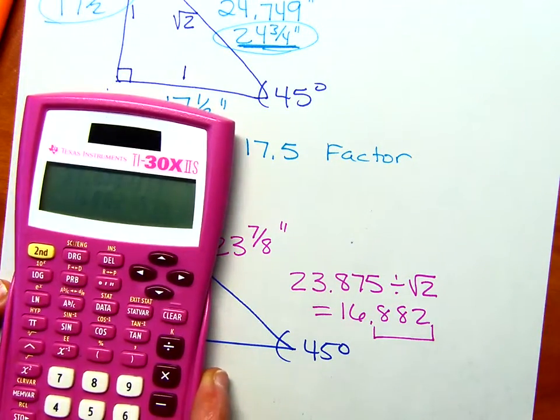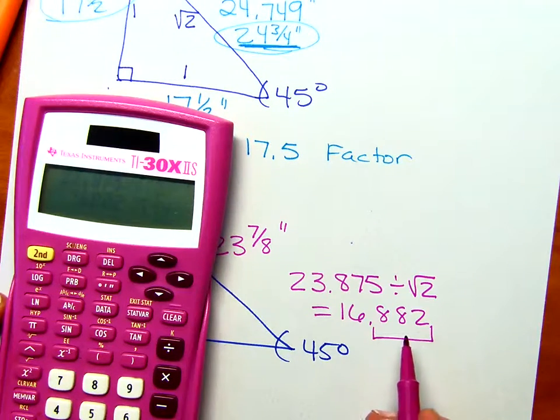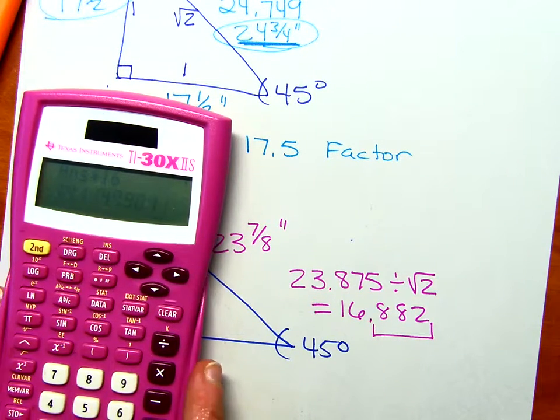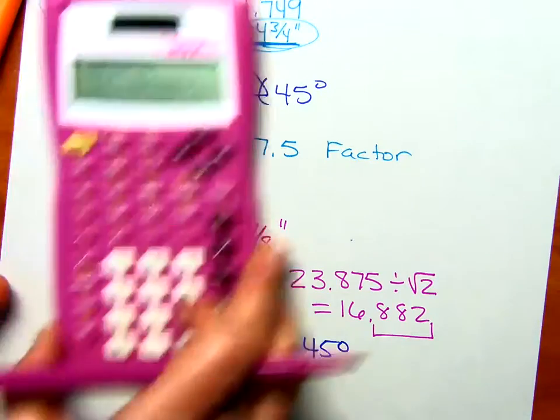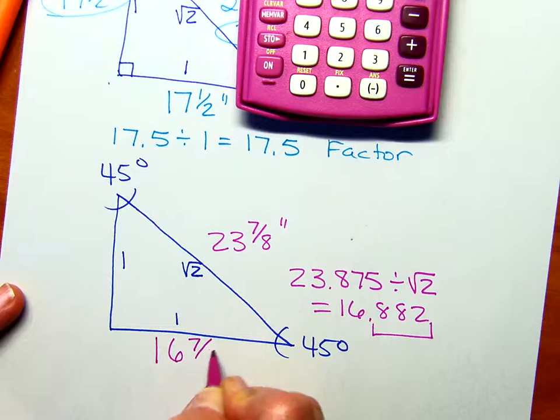I'm thinking it looks close to 7/8, maybe slightly more, but let's see what we get. Minus 16 times 16, and we get 14/16, which is 7/8. So our A and B sides are going to be 16 and 7/8.